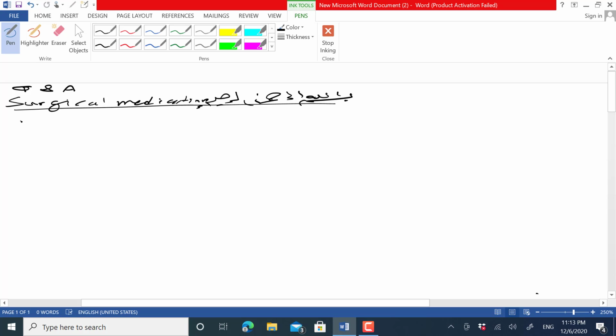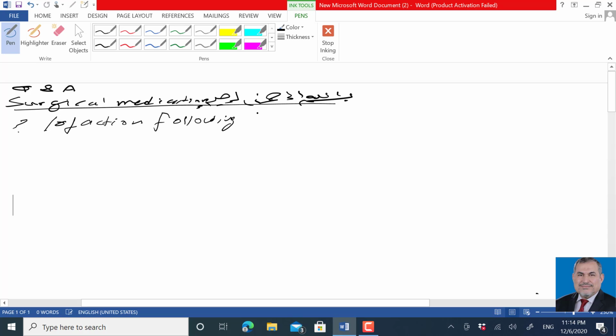What is the mechanism of action of the following drugs?